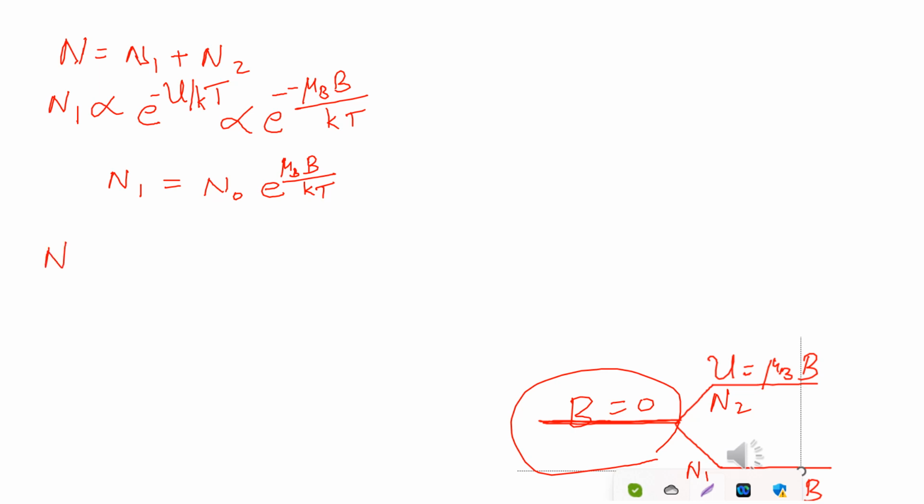Similarly, N2 is given by N0 e raised to minus mu B times B divided by KT.